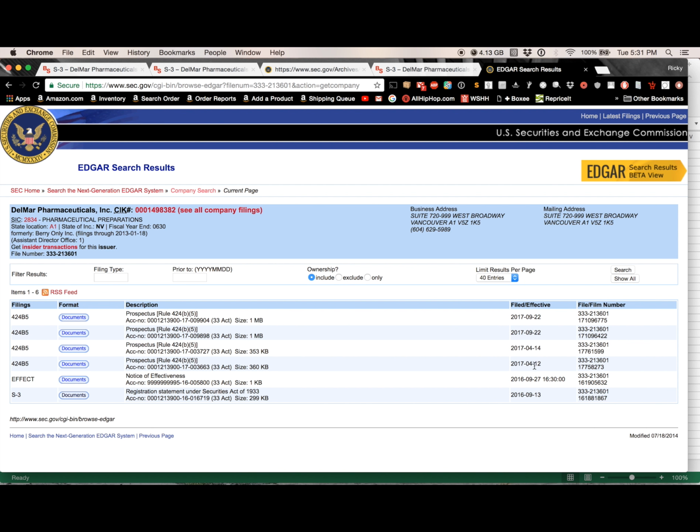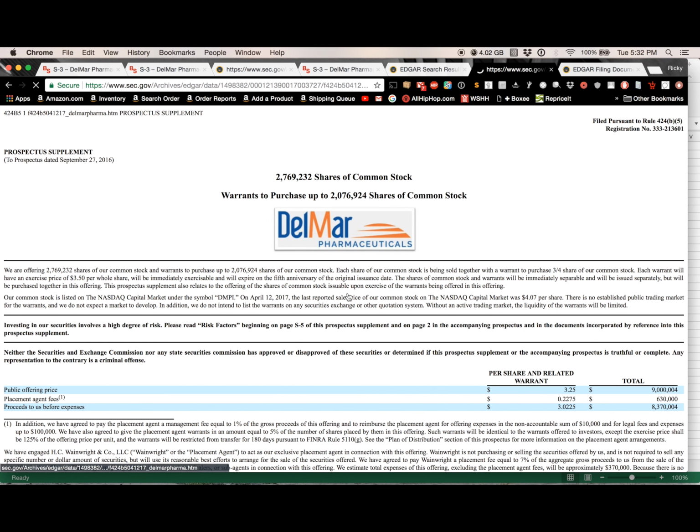Take the later date on them because obviously the more recent one is the one that had the numbers filled out on it. Oh, sorry. I'm going to open these in separate windows so that I can just do this quickly. So this one was for 2.7 million shares, and then also another 2 million shares that are warrants that have an exercise price of $3.50.